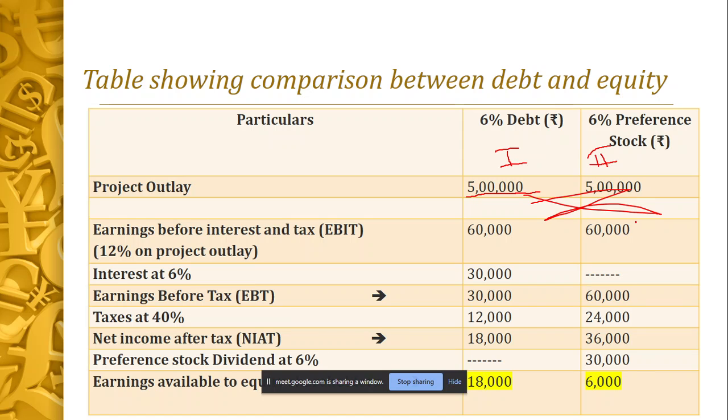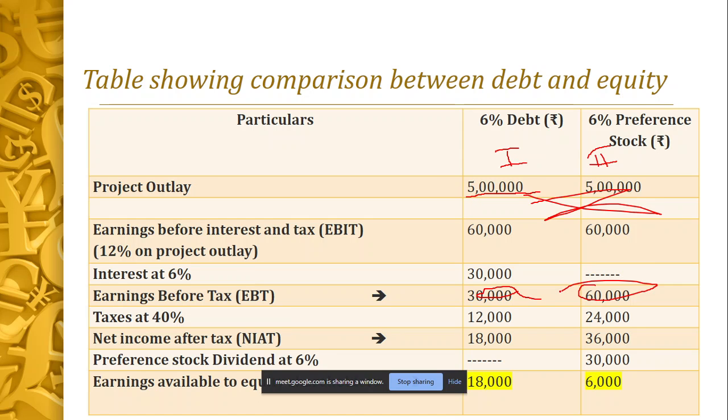Now, the earnings before tax that the organization has in each case is 30,000 in the first case and 60,000 in the second case. Earnings before tax represent what we'll have to pay tax on.